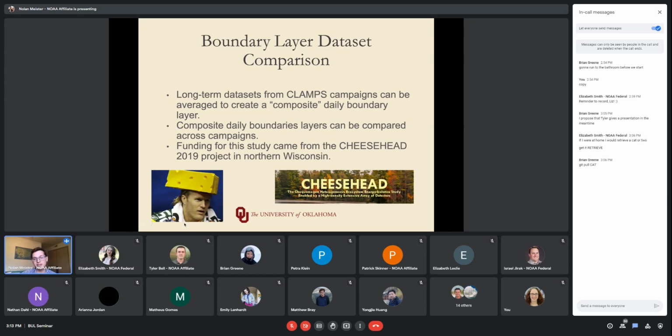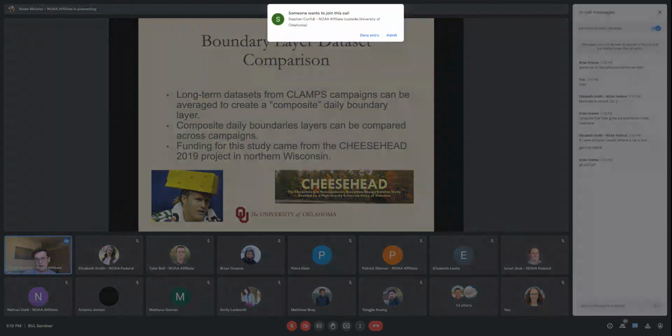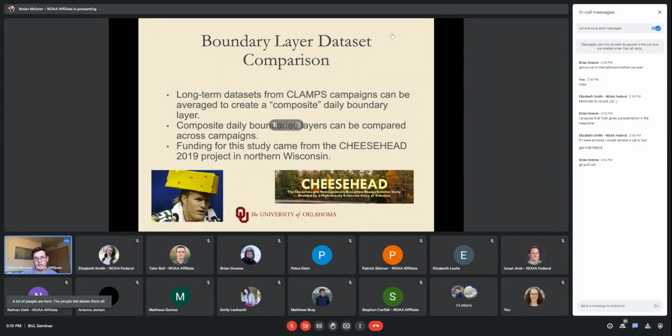So the opportunity via this CHEESEHEAD project, which occurred in 2019 in northern Wisconsin, the idea was that this would be an intensive collaborative campaign across a bunch of boundary layer institutions that could quantify surface fluxes and how the energy balance works across seasonal differences in the land regime.